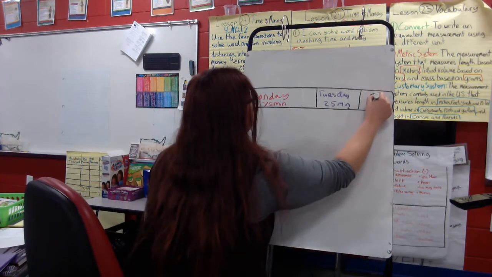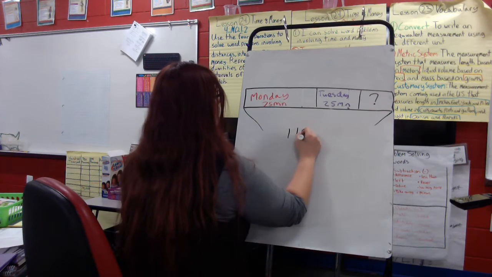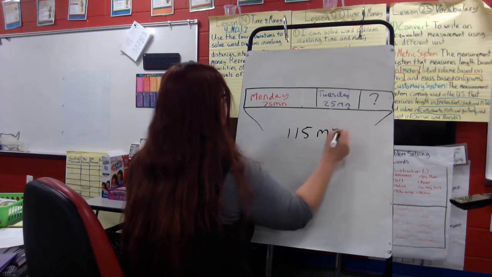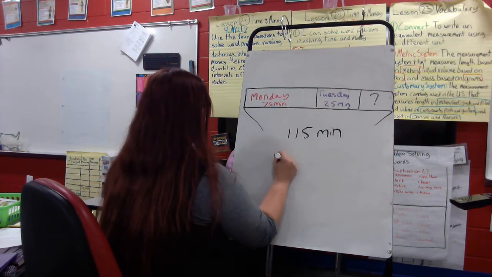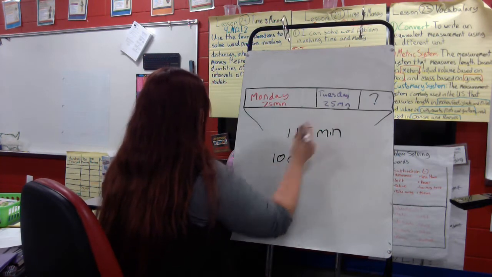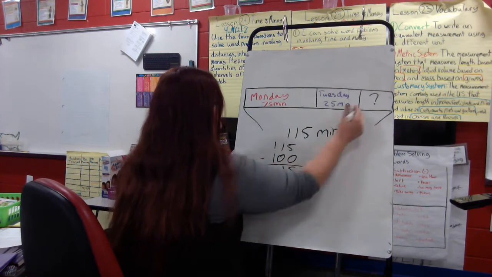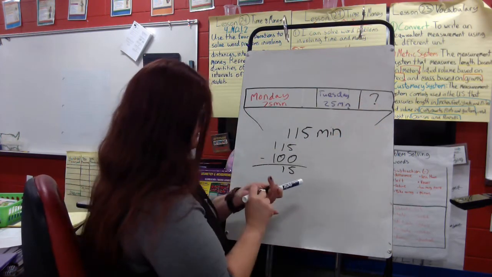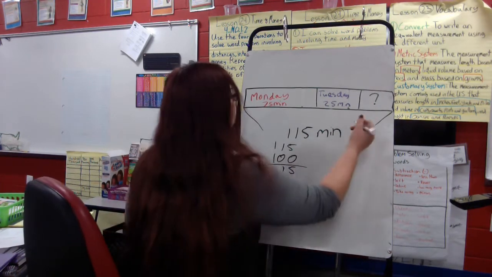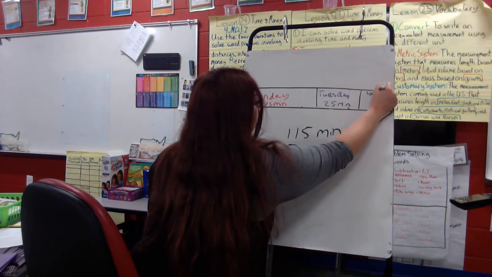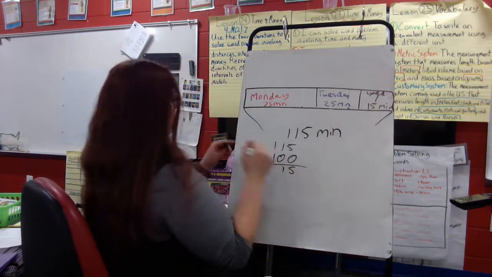And then this one was our unknown for a total of 115 minutes. And we could go through the same process. We add those two, get 100. We find out by subtraction that Wednesday was 15 minutes.